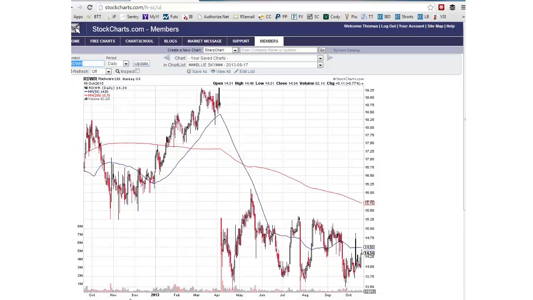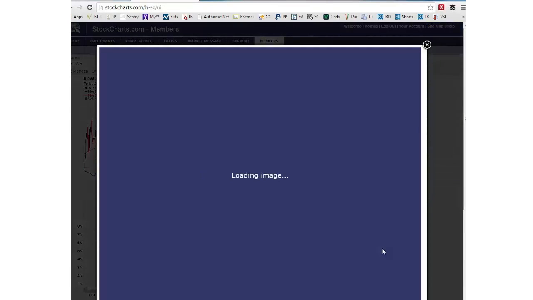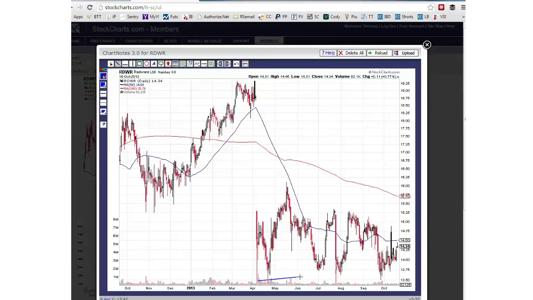So this is clearly a descending triangle because we can put a horizontal line under the lows at around a price of $13.50 and a descending line over the pivot highs, and there we have our triangle. How do we play this? The same way we played the symmetrical triangle.